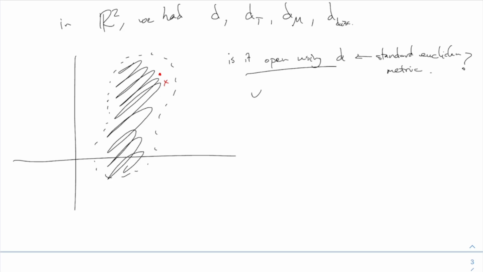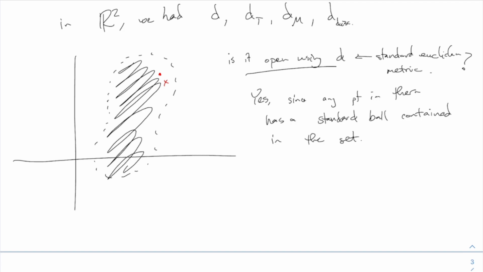The answer is yes, since any point in there has a standard ball around it contained in the set. That's the typical way to check if a set is open or not: does each point have a small neighborhood around it that's inside the set?